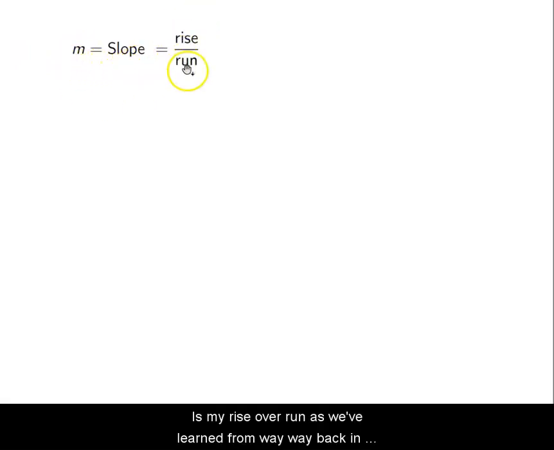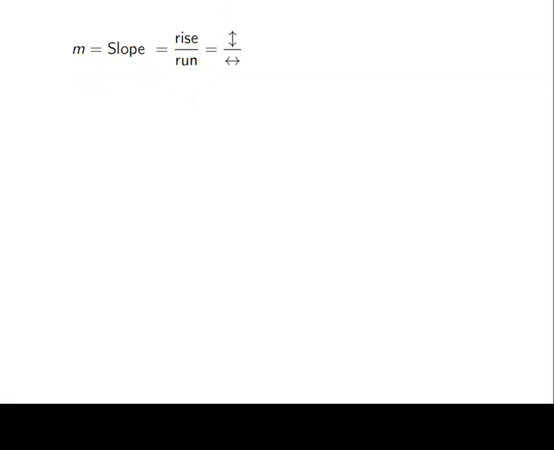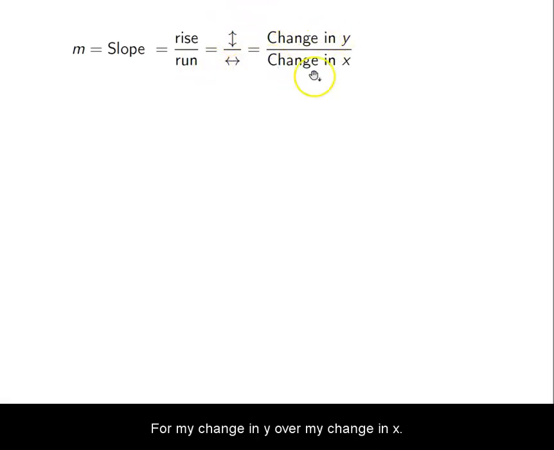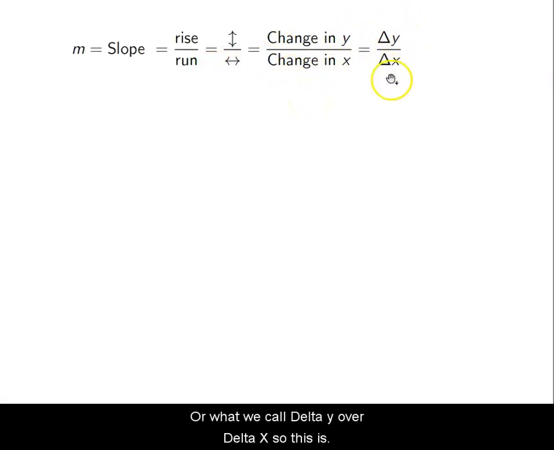So my m, which we call the slope, the variable that we use to represent slope, it's actually a constant, is my rise over run, as we've learned from way back in 6th grade, which is our up and down versus our left and right, or my change in y over my change in x, or what we call delta y over delta x.